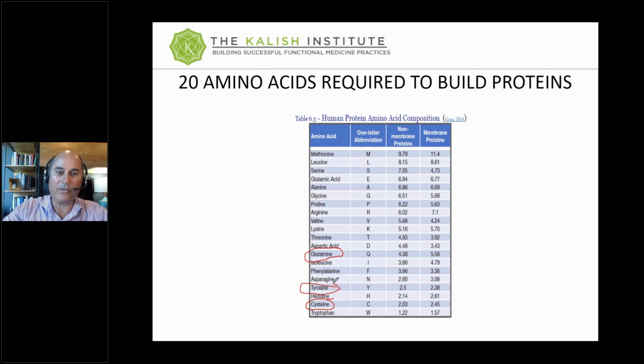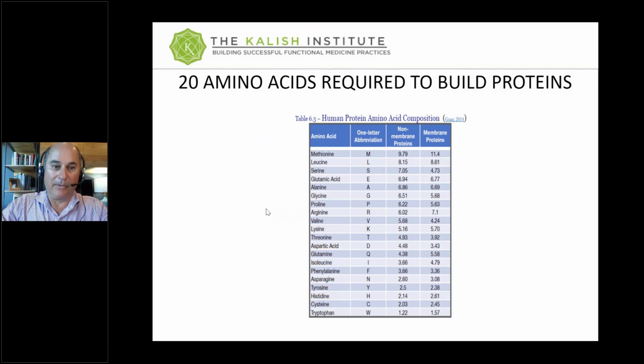Tyrosine. So these are technically non-essential amino acids because you can synthesize them in the body, but each of these is one of the 20 that are required to build proteins. So non-essential makes them seem like they're not important. They're extremely important. If they're low, you've got a major problem with protein synthesis.